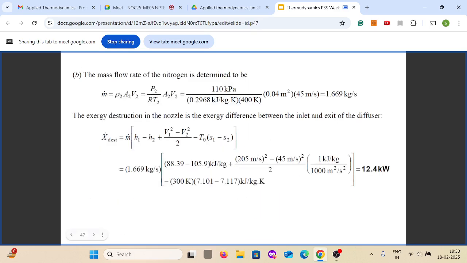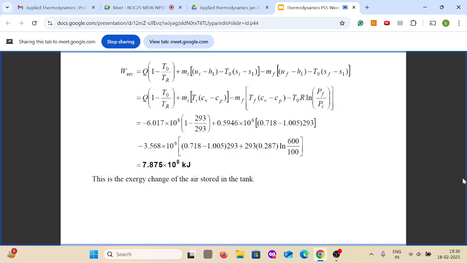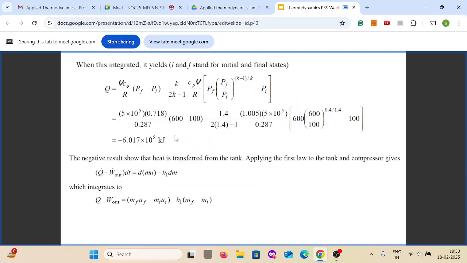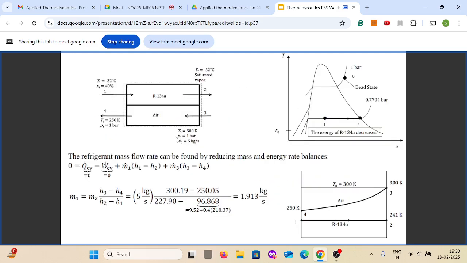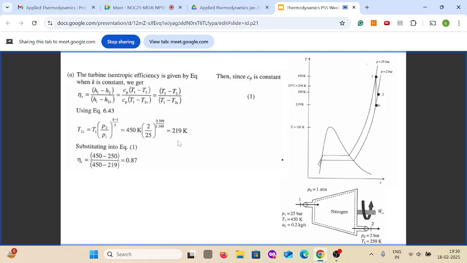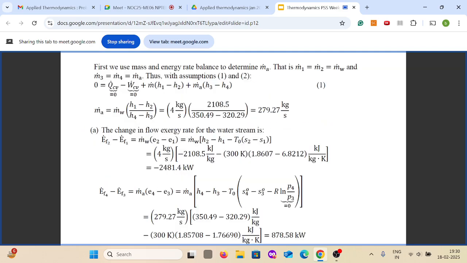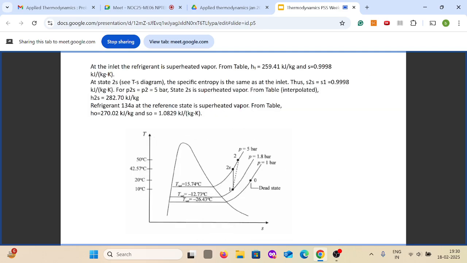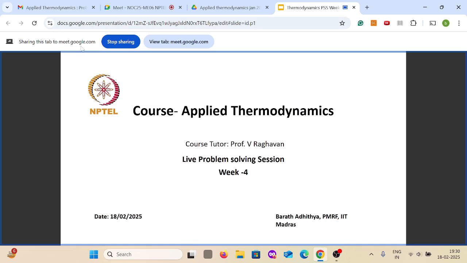With that, I have finished the problems which I have prepared for today. I tried to cover most of the components and how to apply an energy balance across the component, and also some processes. So a combination of these components and processes, and also steady state and unsteady processes, and how to do an exergy balance.